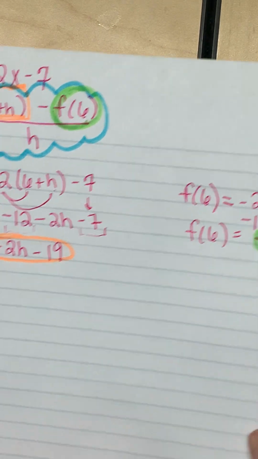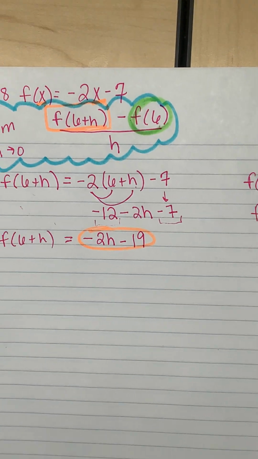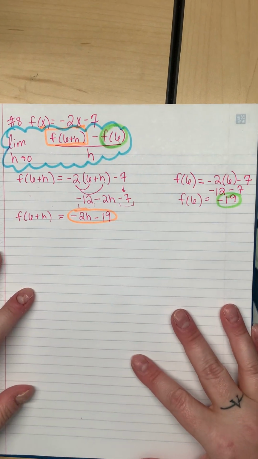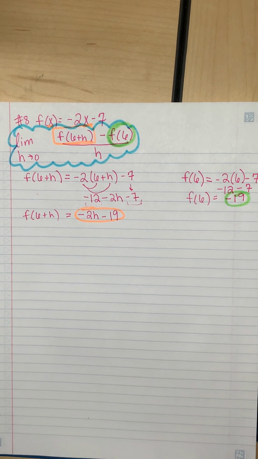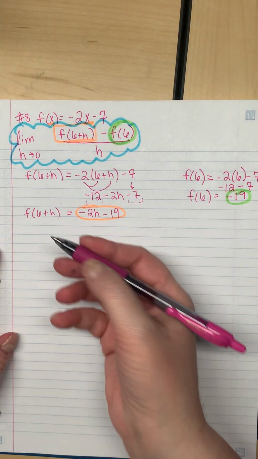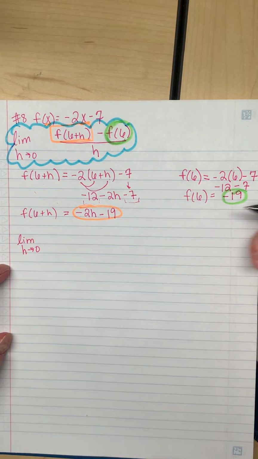All right, now that we have those two found, we can use our formula. Our formula says limit as h approaches 0. So let's write that down: limit as h approaches 0.